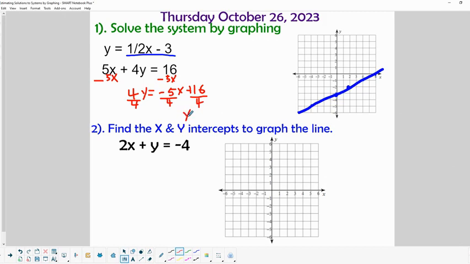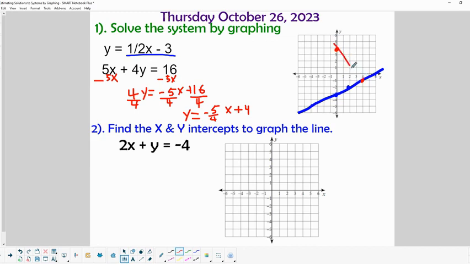So y equals -5/4 x plus 4. So we go to the y-axis, put a dot at 4, and then we go down 1, 2, 3, 4, 5 for our -5, and then we go 1, 2, 3, 4 to the right for that 4 there.